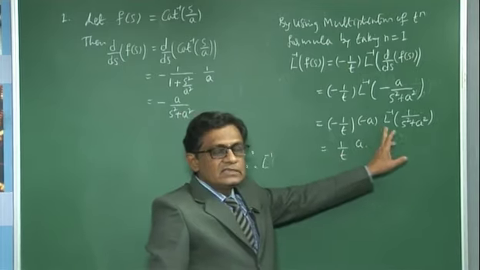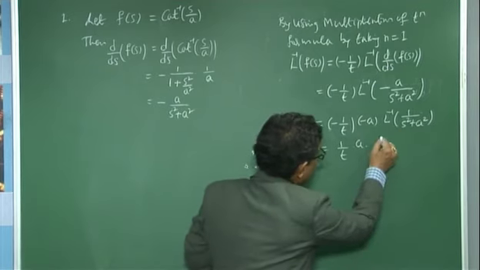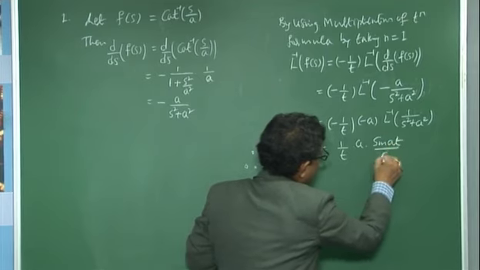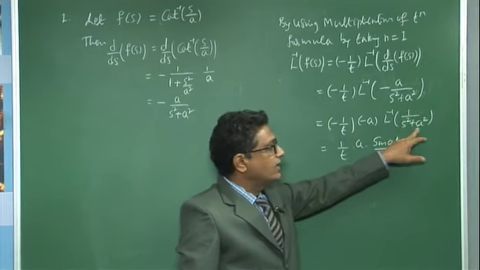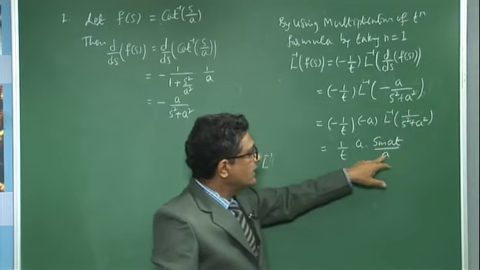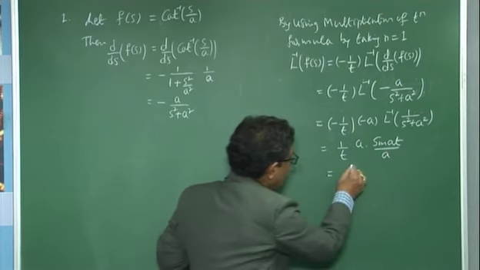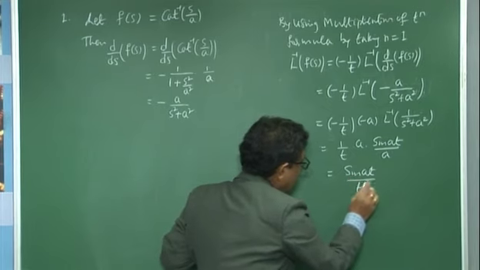Then what is this? Once again, by using the basic standard formulas, L inverse of 1 divided by s square plus a square formula is sin at by a. The a will get cancelled, you are left with sin at by t.